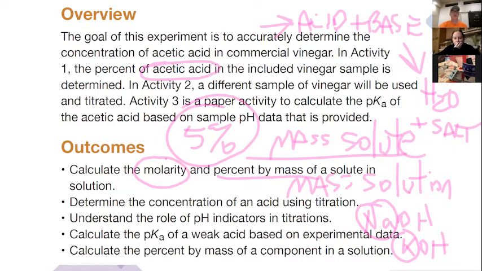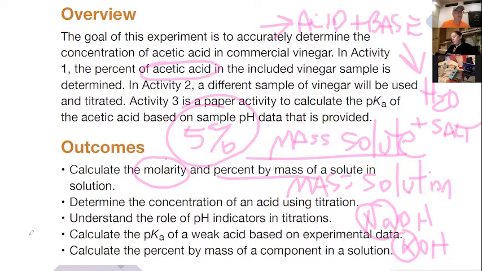And does anyone know what's the conjugate base of acetic acid? When acetic acid gets neutralized by hydroxide, what does it become? Sodium acetate? It becomes acetate. That's right. Acetate ion is the conjugate base.